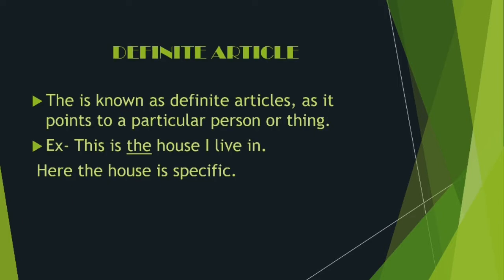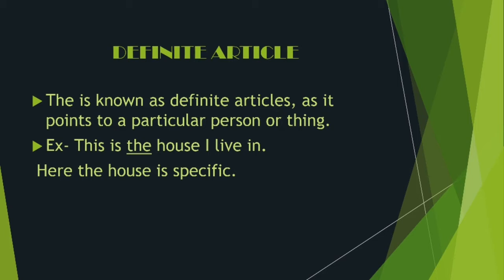The is known as definite article. Why? Because it points out to a particular person or thing. ये point out किसे करता है? किसी specific या particular person or thing को. Like, this is the house I live in. अच्छा, here we have used the. Why have we used the? Because यहाँ पे कौन से house की बात हो रही है? उसी house की बात हो रही है जिस house में I live in, जिसमें मैं रहती हूँ.